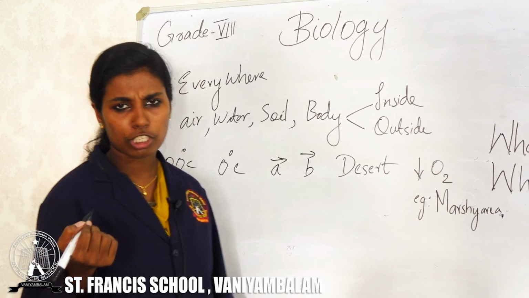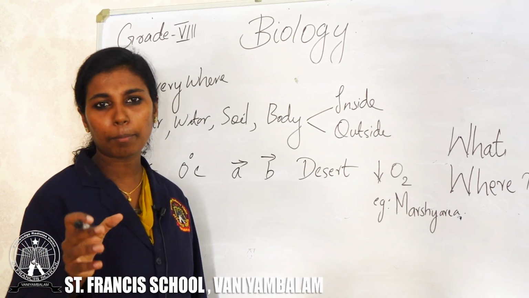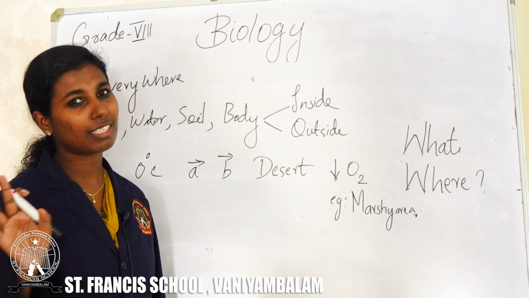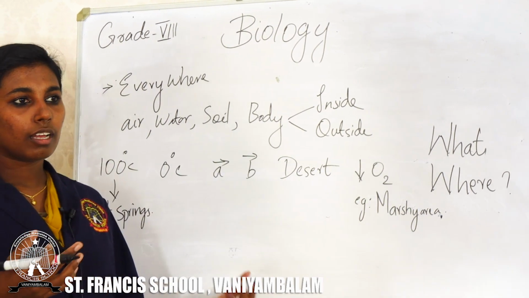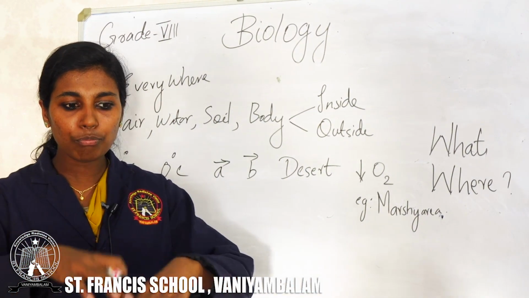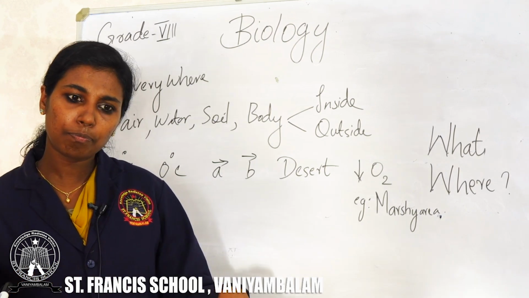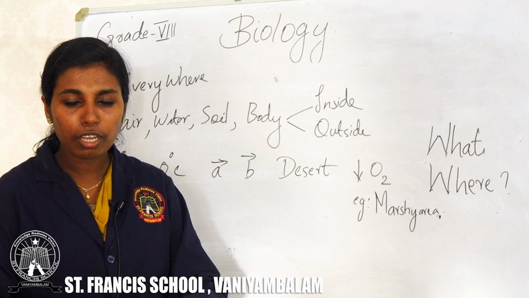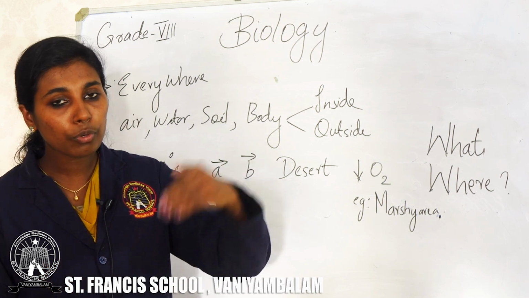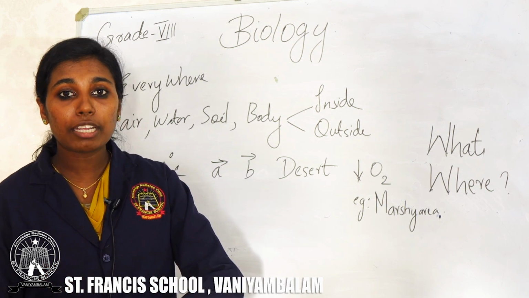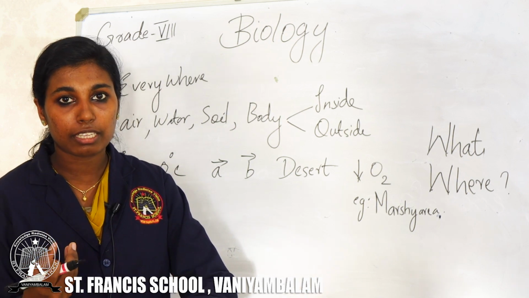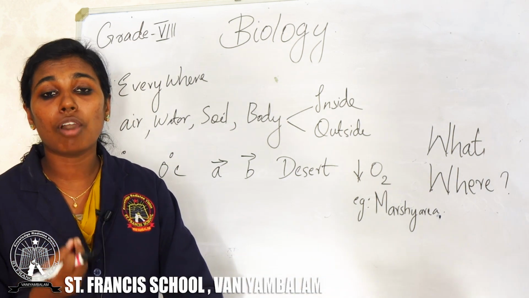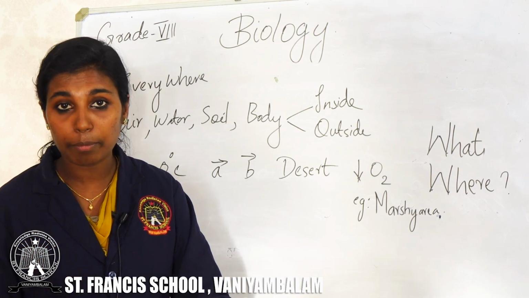Do you know about hot springs? A hot spring is nothing but a pool of water, but it's not normal water. Okay, I will explain. If we dig the earth, what can we see? There will be a lot of soil. If we move deeper, we can see water, then rocks, and if we move deeper and deeper, the temperature of the earth will increase. That means in the crust of the earth there is high temperature.